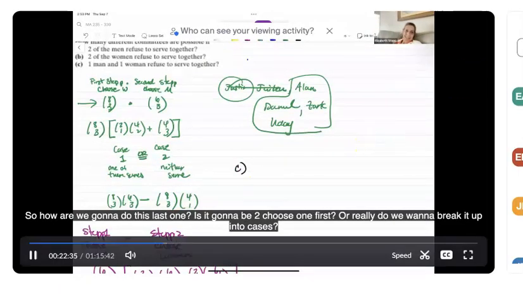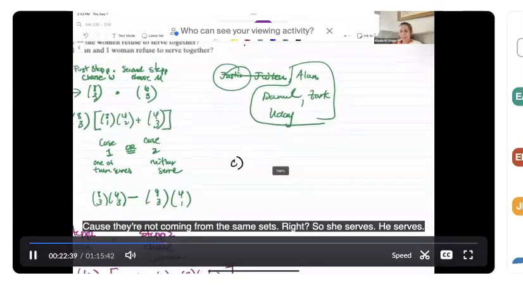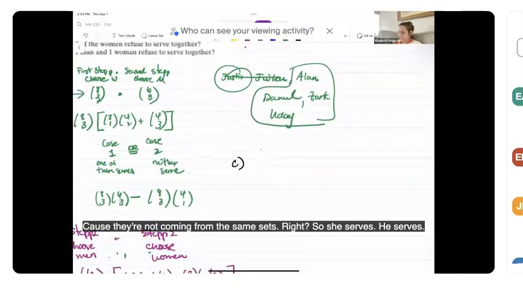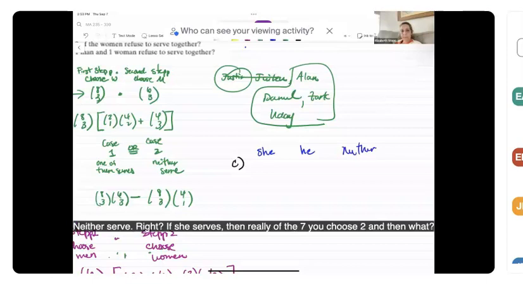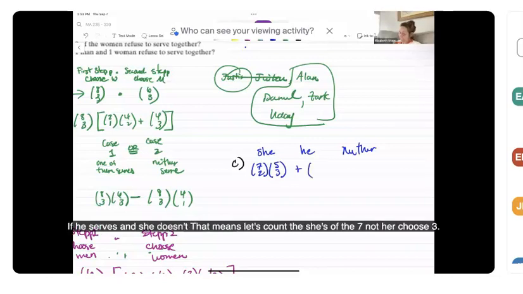Cases. Because they're not coming from the same set, right? So she serves, he serves, neither serve, right? If she serves, then really of the 7, you choose 2, and then what? He's not serving, so of the 5, choose 3. If he serves and she doesn't, that means, let's count the she's.